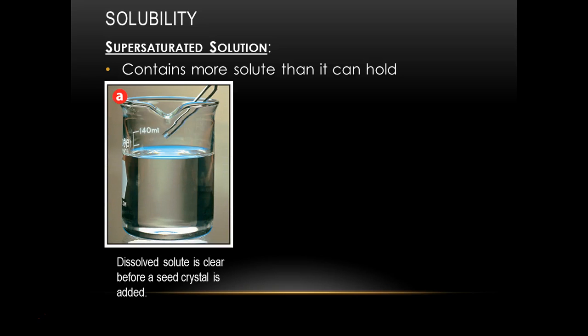So for example, and you're going to see a video in just a second, this looks like just water. Homogeneous solution, colorless, transparent liquid. But what those tweezers are holding is a tiny, tiny little crystal right there. And that's going to serve as a nucleation point for all of the molecules that are being forced into this liquid right now.